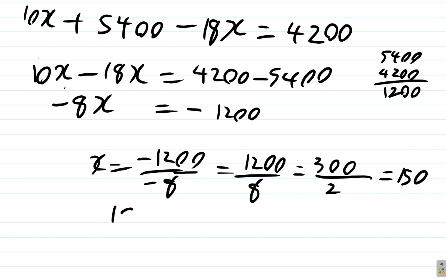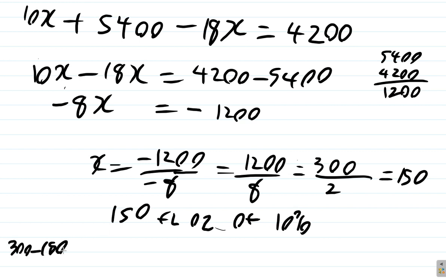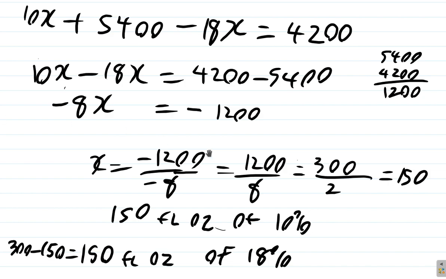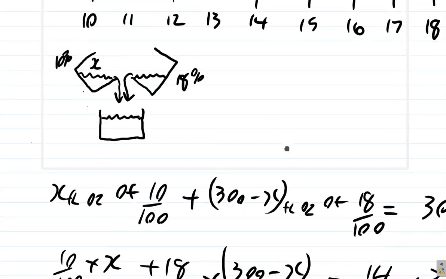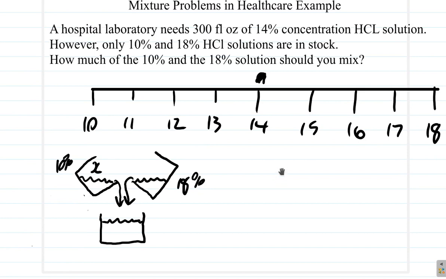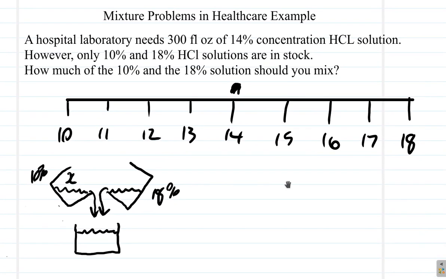So it's 150 fluid ounces of the 10% solution, and 300 minus 150, which is 150 fluid ounces of the 18% solution. So you see, that confirms it. You would mix them half and half to get 300 ounces of 14% solution.